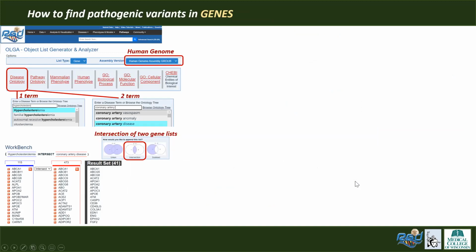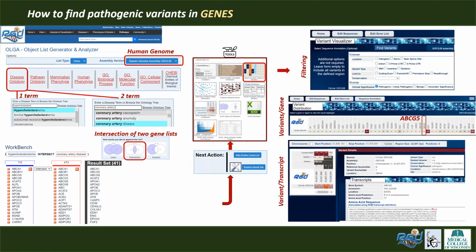Choosing the ontology and terms, you can explore genes that are annotated for multiple diseases in this OLGA tool. And after creating the final set of genes, you can further analyze them using the RGD toolbox. For example, if you submit it to Variant Visualizer, you can see the variant distribution in the set of genes.